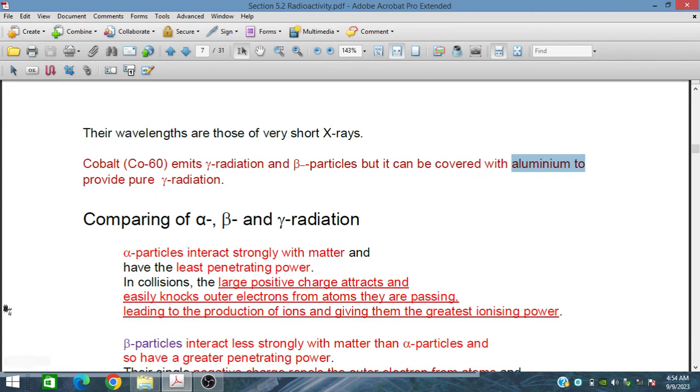On comparing alpha, beta and gamma radiation, alpha particles interact strongly with matter and have the least penetrating power.